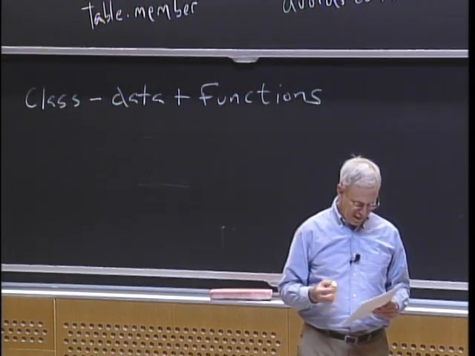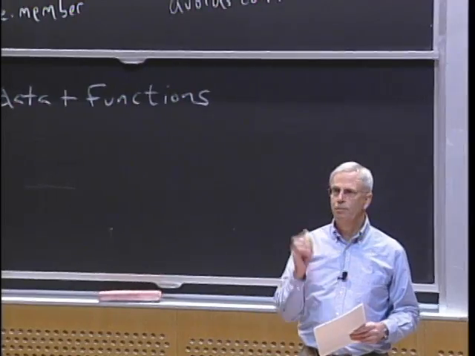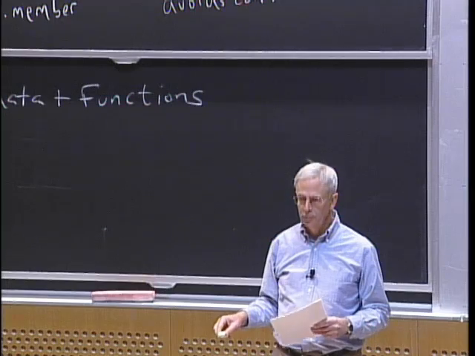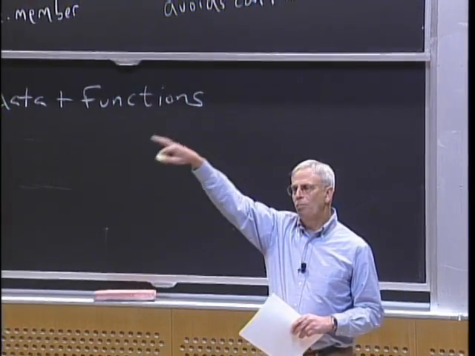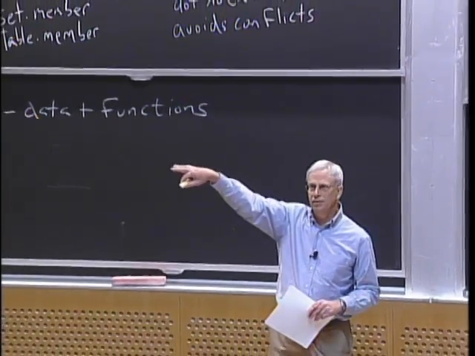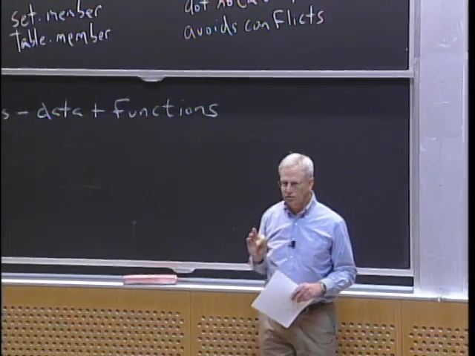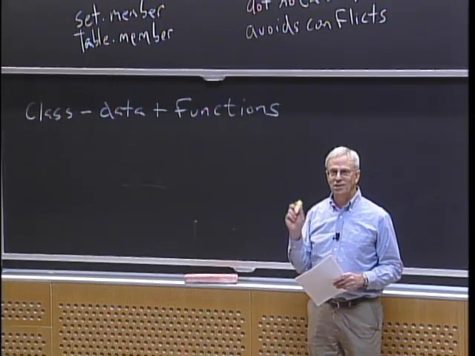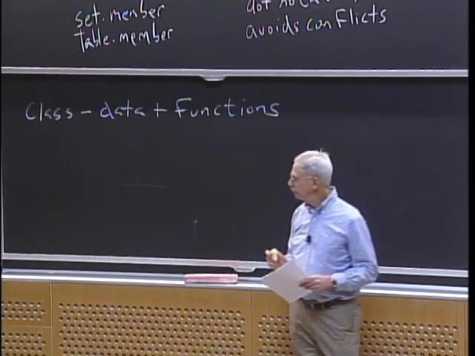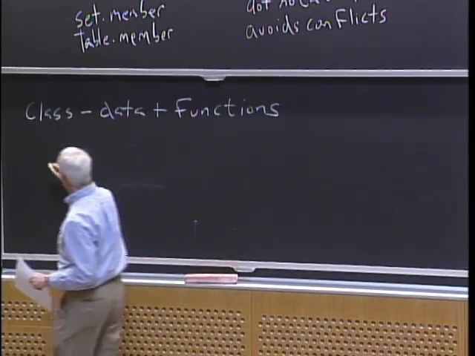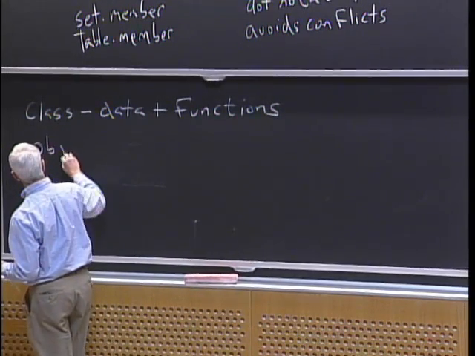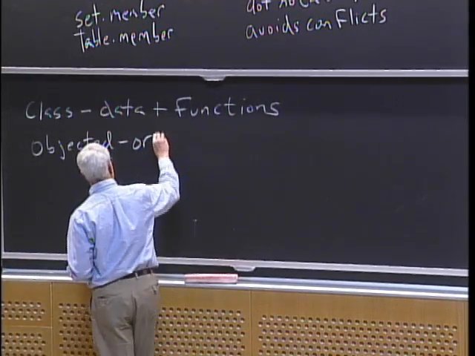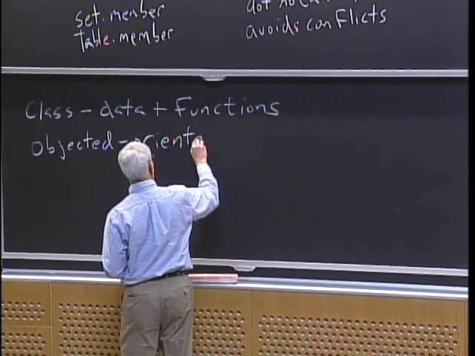They are bound together so that you can pass an object from one part of a program to another, and the part of the program to which you pass it automatically gets access to the functions associated with that type of object.